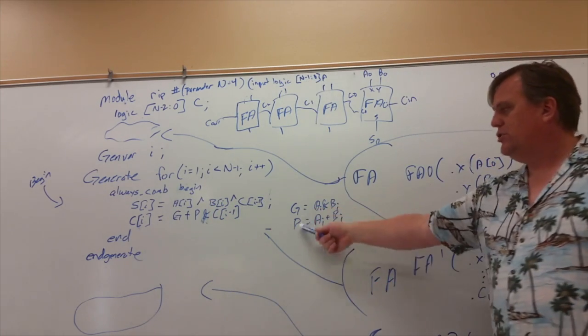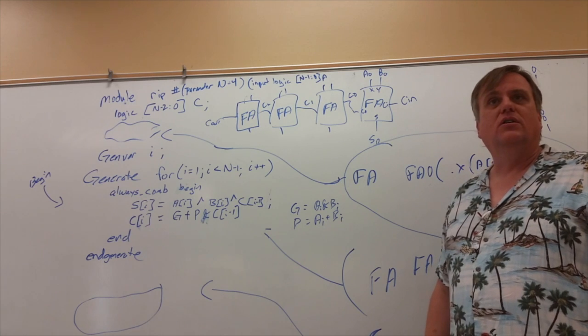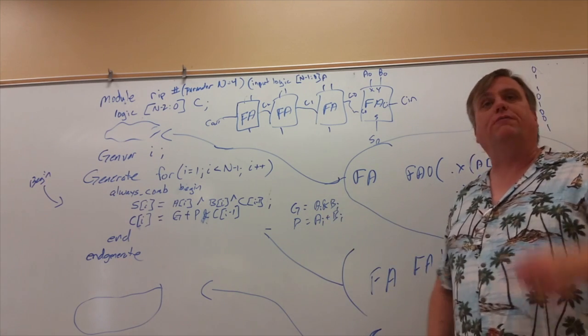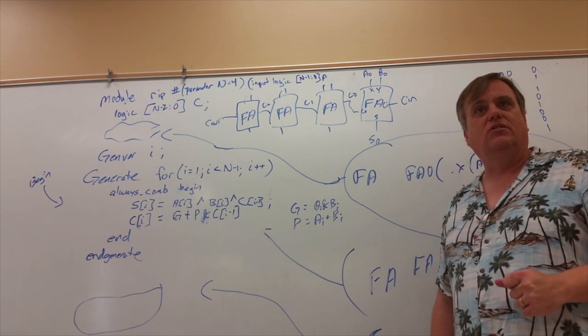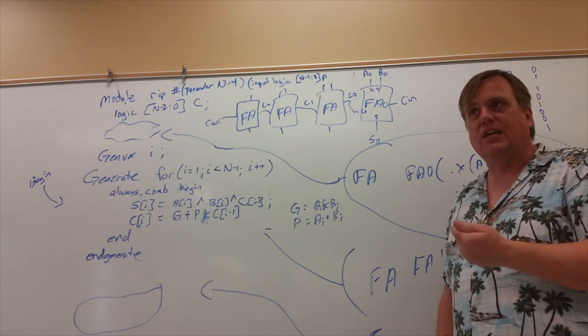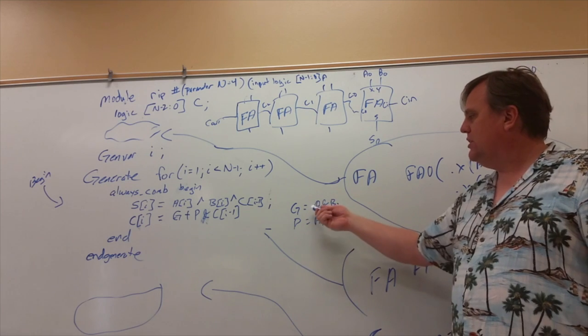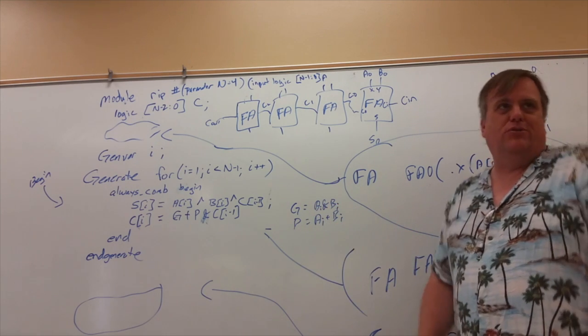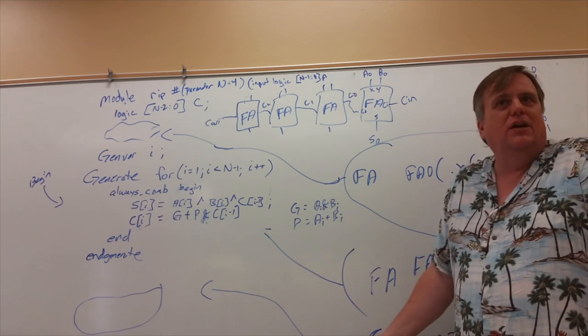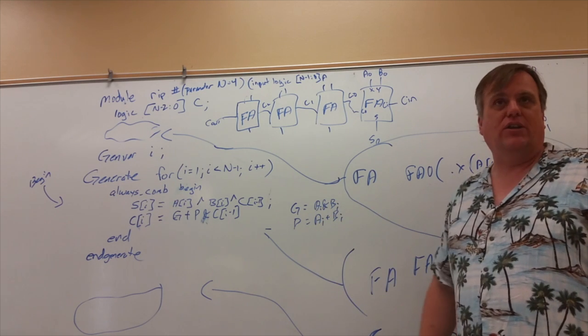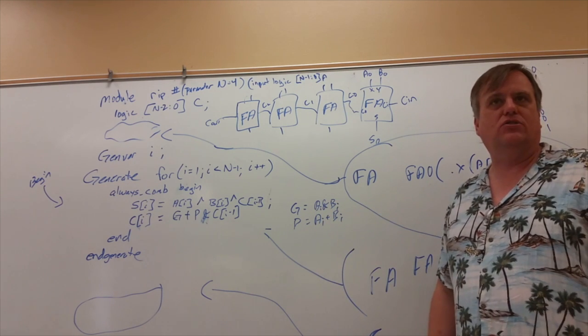This is where generate and propagate comes. Now, A and B are available at the instant things come in. Carry is the thing that takes a while to generate. So for every one of these bits, these are very simple to build. There's nothing big or complicated about them. So that which I can calculate in advance, I calculate in advance.